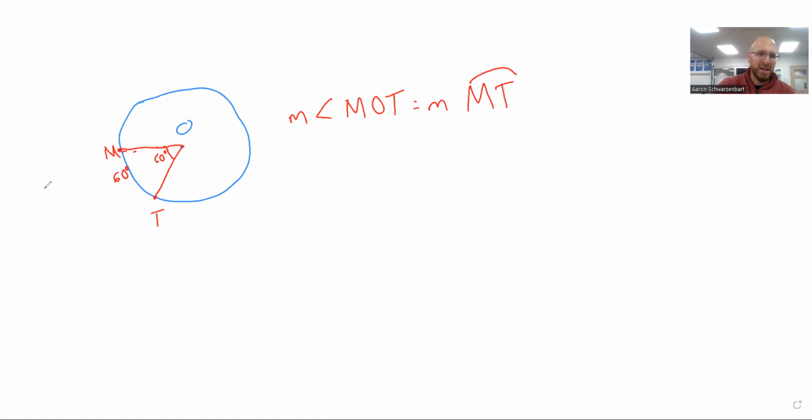Now keep in mind, any angle that goes through the same arc, this is called an inscribed angle. So we've got the central angle at the center, MOT. Central angle. We've got the inscribed angle, the purple one at the side.